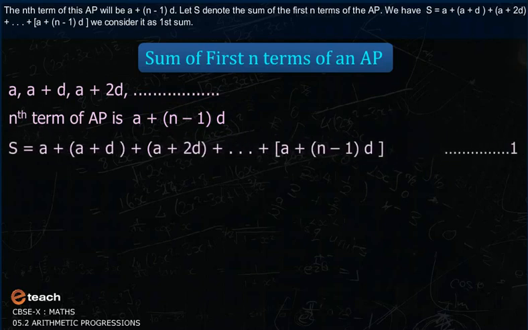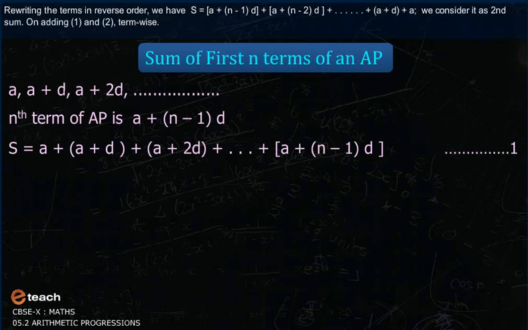We have s is equal to a plus into bracket a plus d plus a plus 2d plus and so on plus a plus into bracket n minus 1 d. We consider it as the first sum.